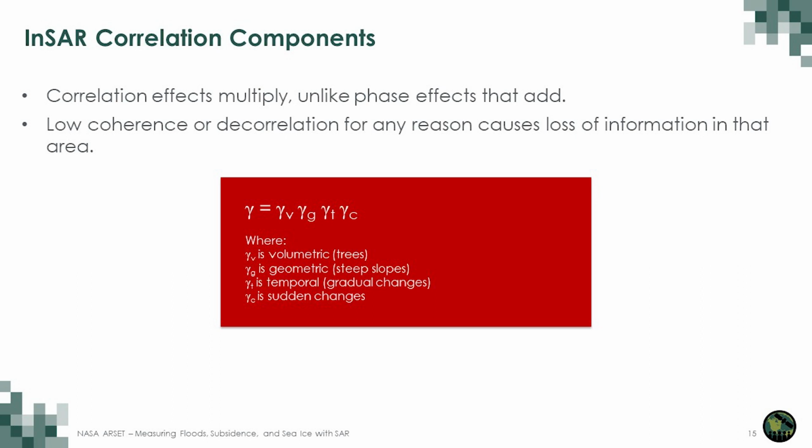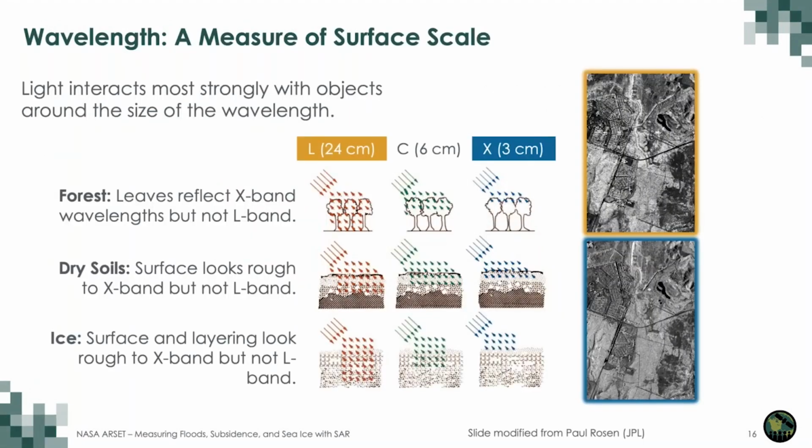So that's one of the things to remember when looking at interferometric products. And so, as I mentioned earlier, the 3 radar wavelengths that we use for most satellites these days are L-band, that's 24 centimeters, C-band, that's 6 centimeters, and X-band, that's 3 centimeters.